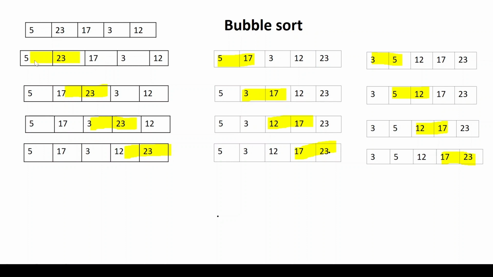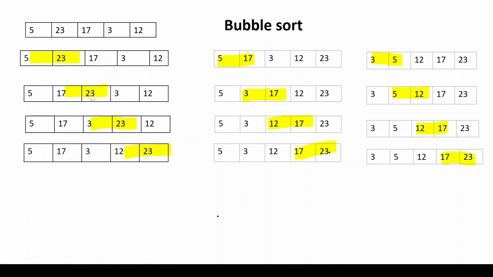In this array, first comparison between 5 and 23 will be done, and swapping will be done if needed. We can see that 5 is smaller than 23. Internally, code will be run for swapping, but these elements will not change their position. Then comparison between 23 and 17 will be done, and they will be swapped.